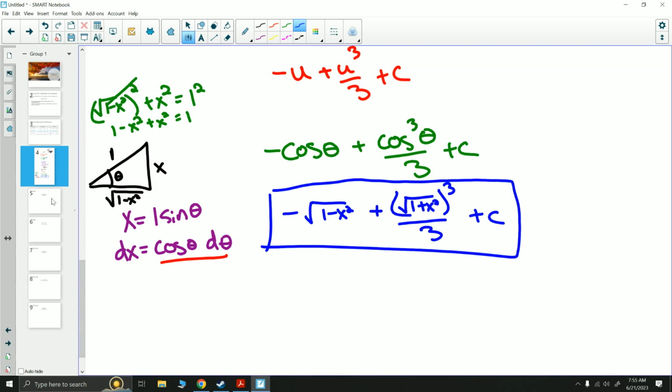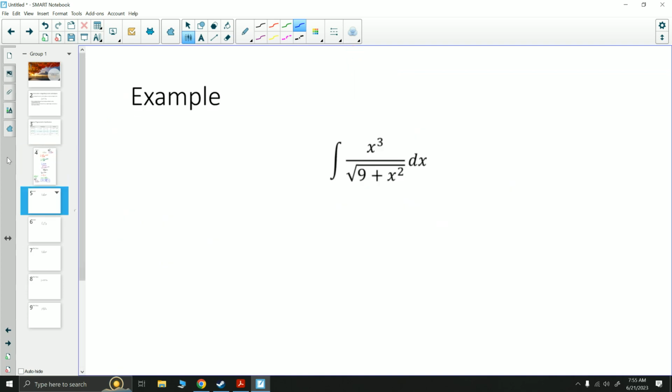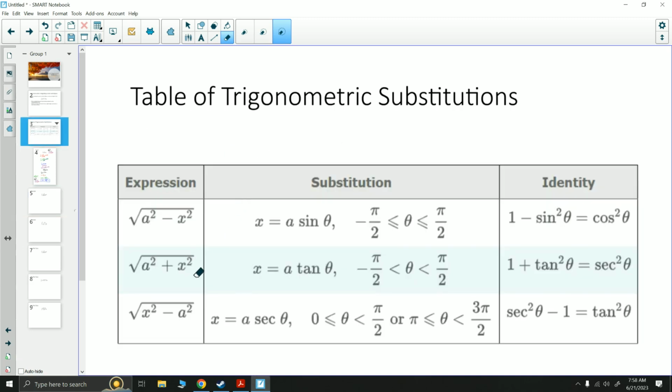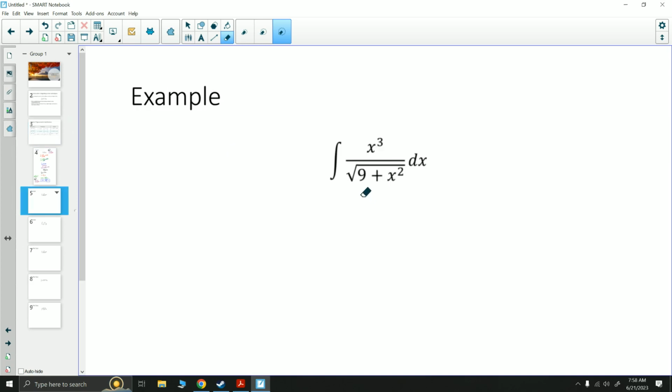Okay, let's take a look at another one. We have x cubed over the square root of 9 plus x squared. Again, same thing, square root on the bottom, sum or difference of squares. This is an inverse trig substitution for me. In particular, this is our second one here. x is a tangent theta. So we're going to go ahead and use that.